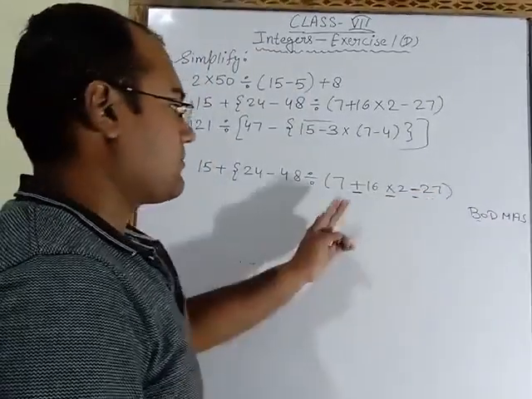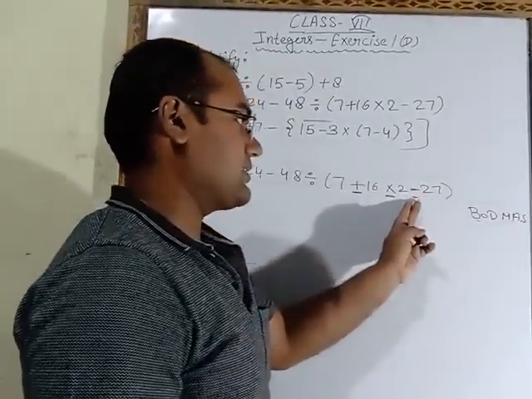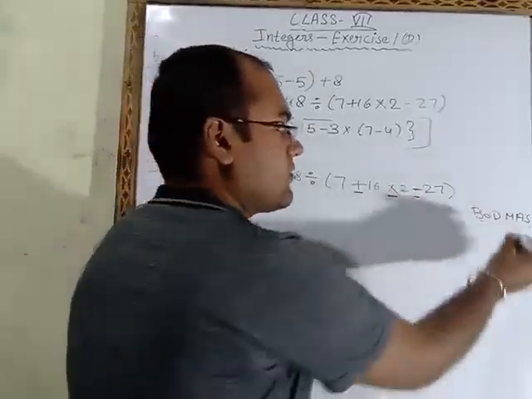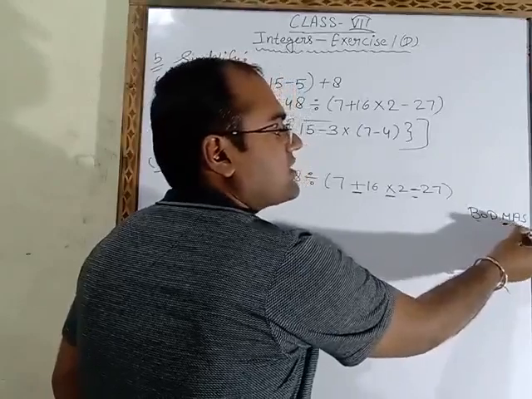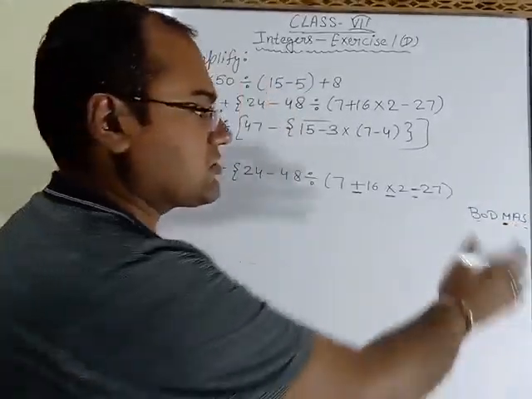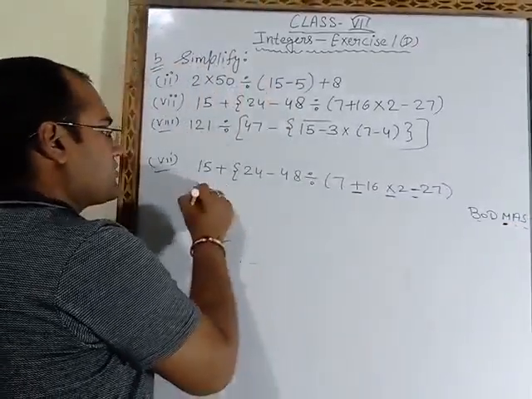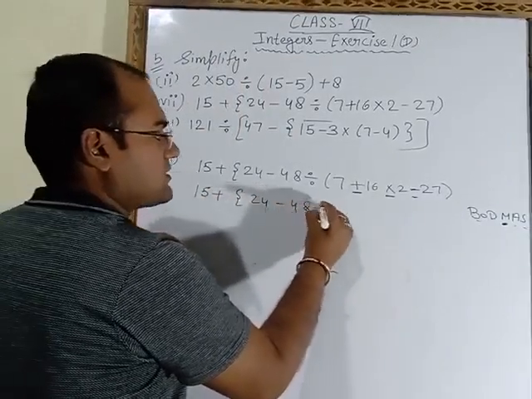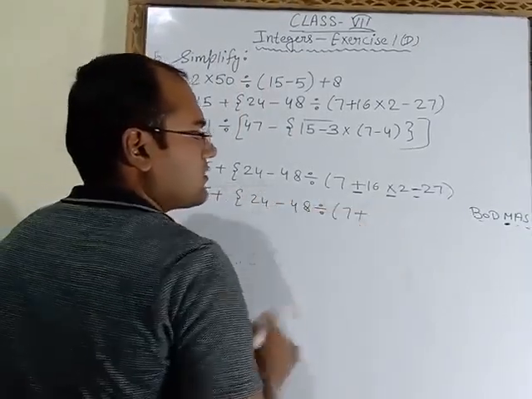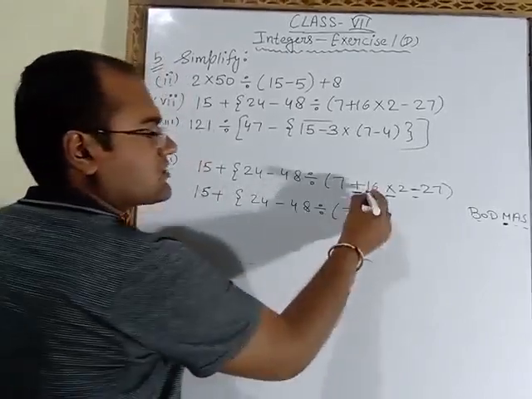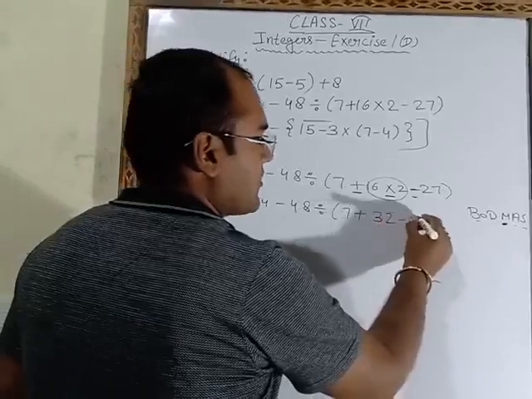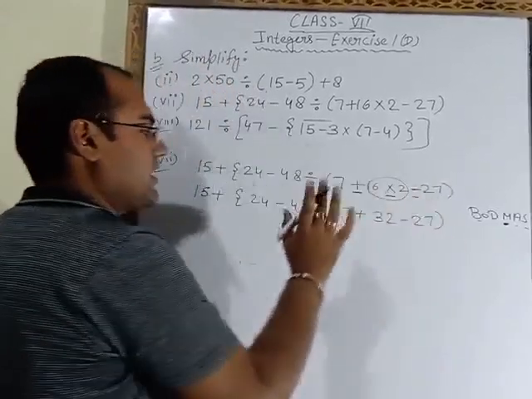Three things are coming: addition, multiplication, and subtraction. So multiply is coming first, addition and subtraction later on. So first of all we have to multiply. All these things we have to write as it is till here. 16 into 2 is 32, minus 27 also we will write as it is.